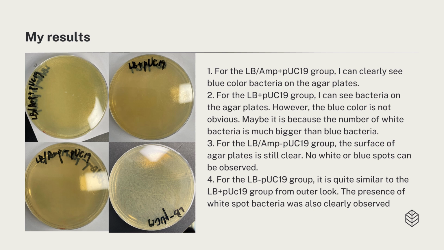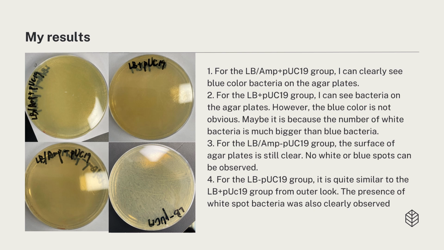For the LB-AMP minus pUC19 group, the surface of the agar plates is still clean. No bacteria can be observed on the plate. And for the LB minus pUC19 group, it is quite similar to the LB plus pUC19 group from the outer look.